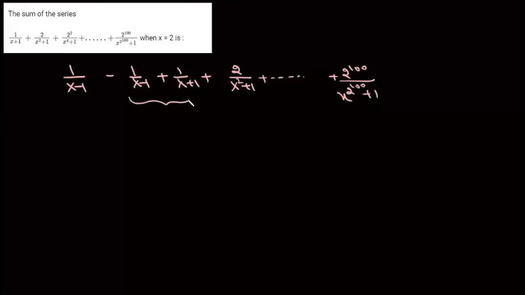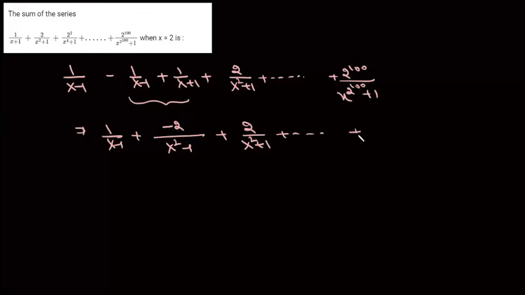Now we simplify this, we'll get this as 1 upon x minus 1, and here it will be x square minus 1. Here will be minus x minus 1 plus x minus 1. X will cancel, so it will be this minus 2 upon x square minus 1, and this is plus 2 upon x square plus 1 up to 2 to the power 100 upon x to the power 2 to the power 100 plus 1.